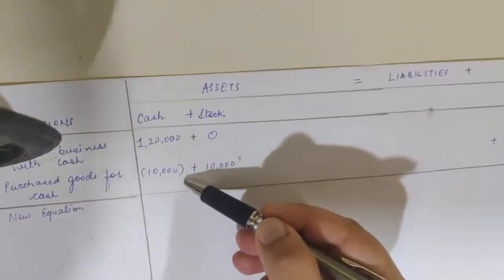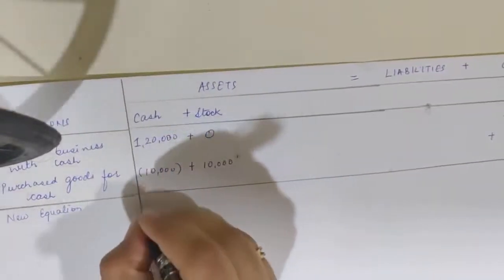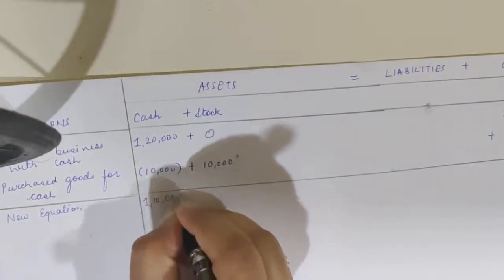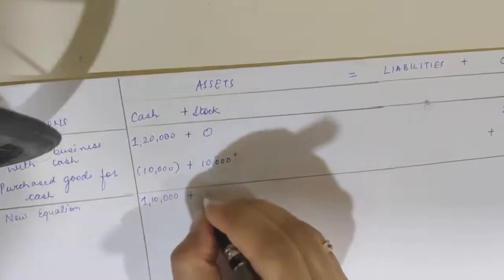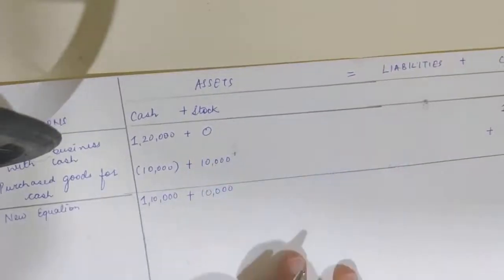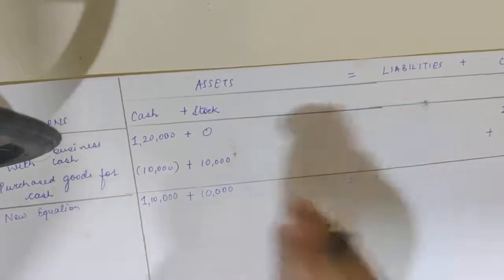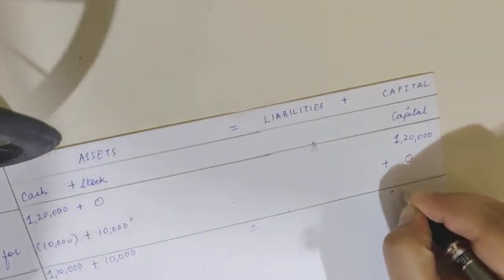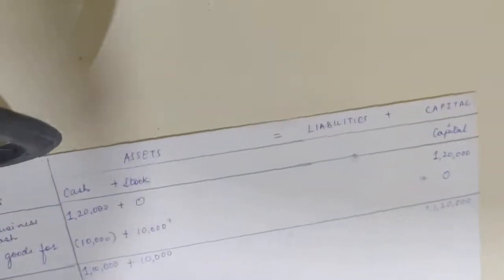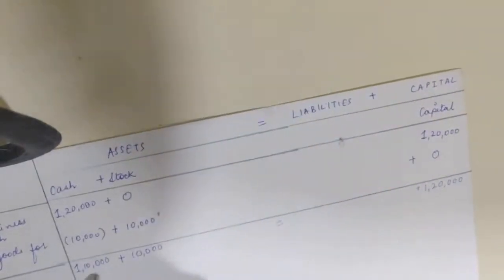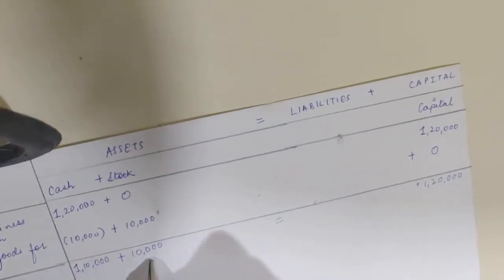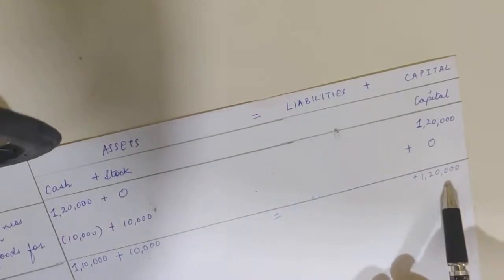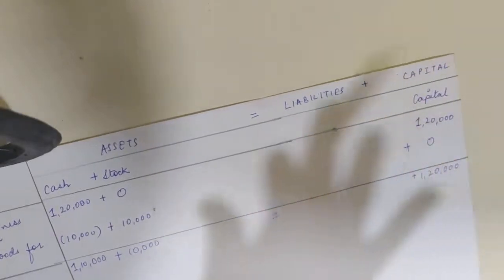The new equation comes to be 1,20,000 minus this 10,000, which gives you 1,10,000, plus 10,000 is equal to, since nothing has been created yet, for the time being I'm presuming no liability has been created, plus 1,20,000. Now here you can see rupees 1,10,000 plus 10,000 gives you rupees 1,20,000, which is exactly equal to your 1,20,000. This means your accounting equation is balanced.